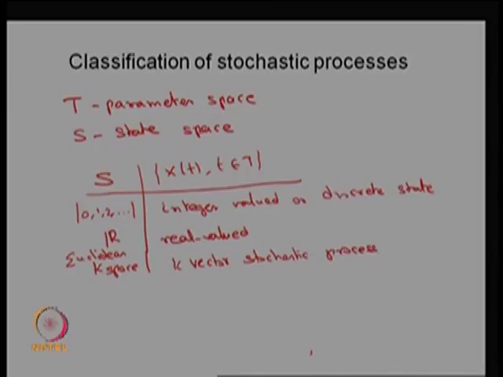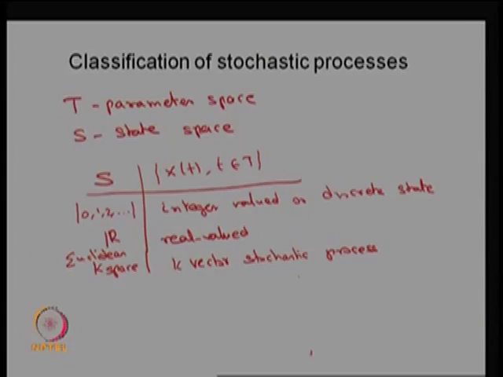That means each random variable is a one dimensional random variable, and you have k random variables for fixed t. Therefore it is going to be called a k vector stochastic process, in which each element is a one dimensional random variable for fixed t. So the collection of k tuple values is called a k vector stochastic process.